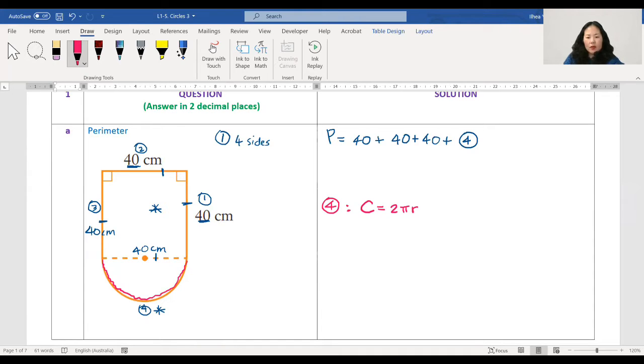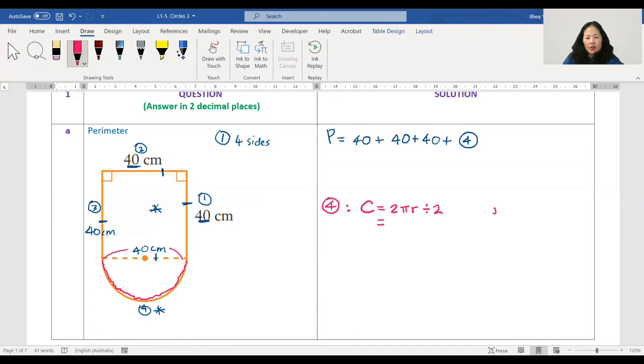So therefore, I'm going to halve this, 2 pi r divided by 2, so that I can get the curved one. I don't need to add the diameter, this part here, because that is inside the composite shape. The perimeter is only the distance outside of the shape. Okay, so after I've done that, I will know the length of the fourth side.